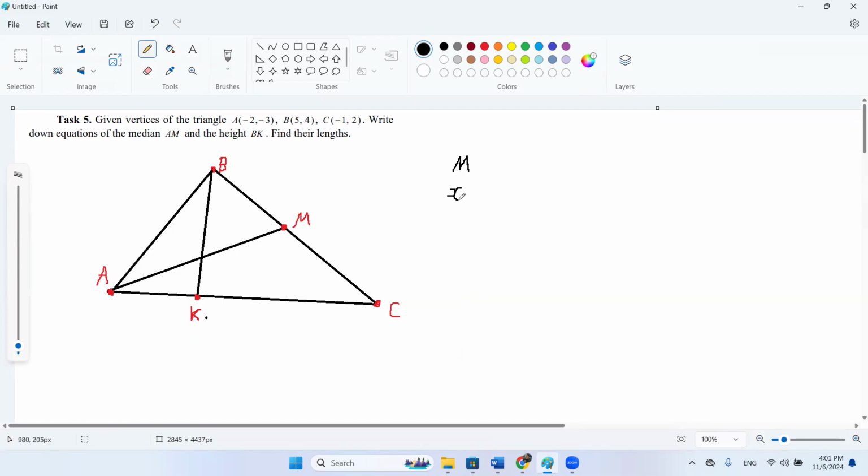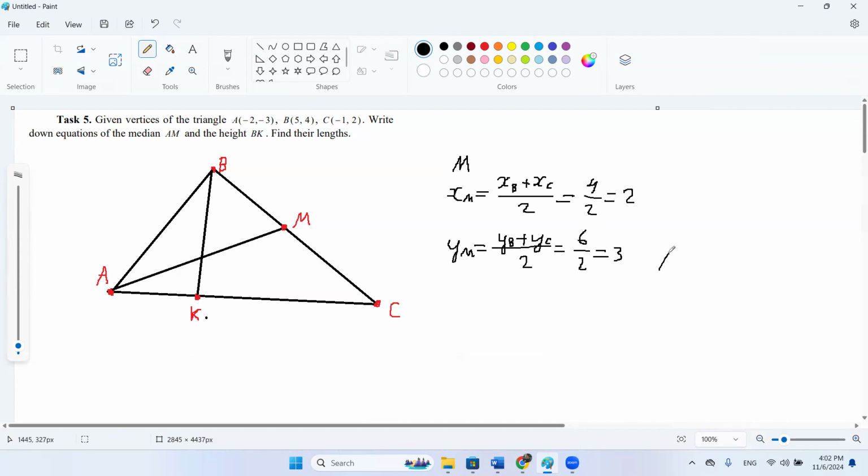So finding the point M. xM equals xB plus xC, so 4 divided by 2 equals 2. yM equals yB plus yC, 6 divided by 2, not 3, 2.